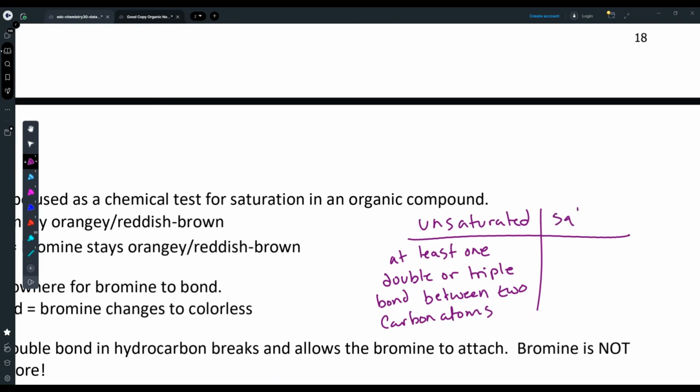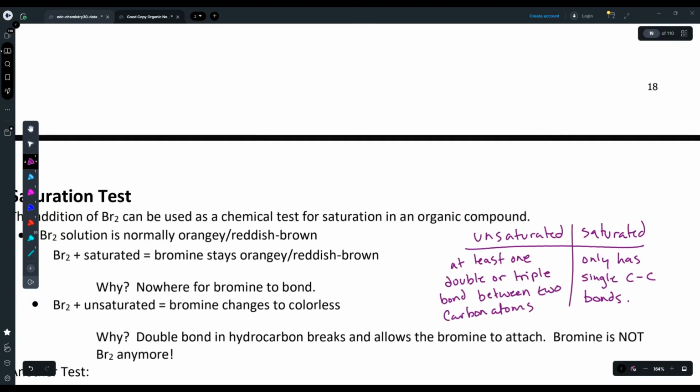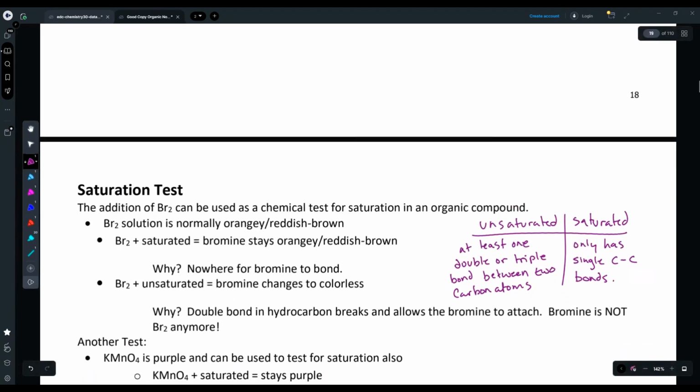Whereas saturated, or a saturated compound, is only going to have single carbon-carbon bonds. Okay, so the saturation test tells you whether the compound that you're looking at is either unsaturated or saturated.